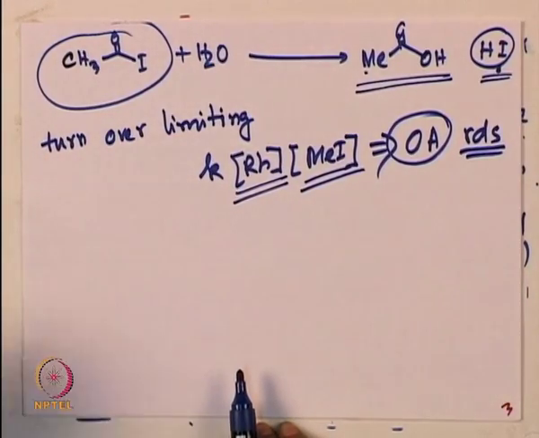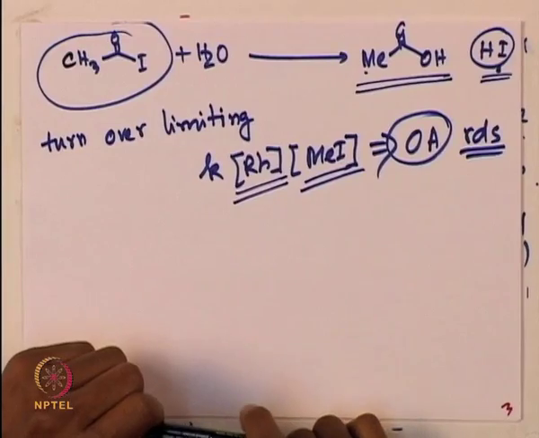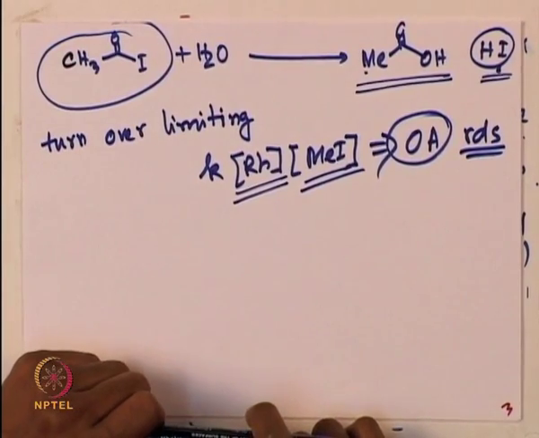So the very first step is the rate determining step, the slowest step. If you do the reaction with either rhodium or iridium, both of them give you exactly the same reaction mechanism. That means the first step, where oxidative addition into the methyl iodide is going on, is the rate determining step.